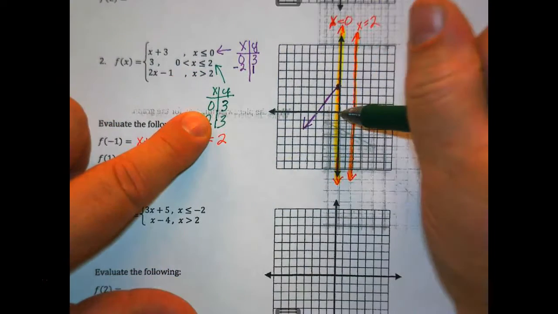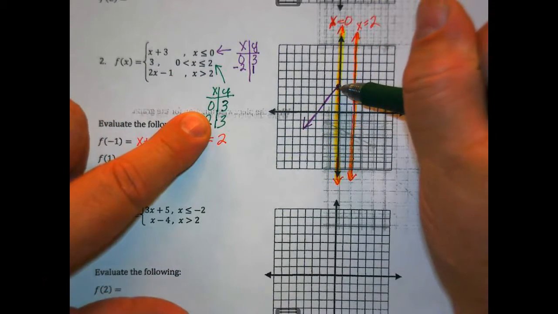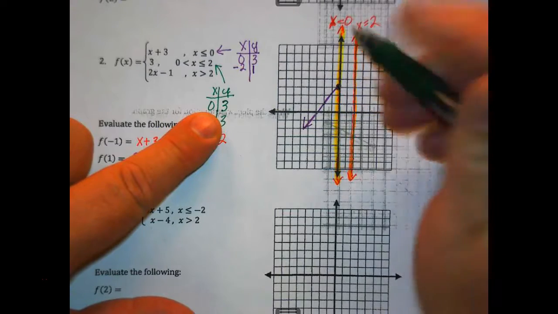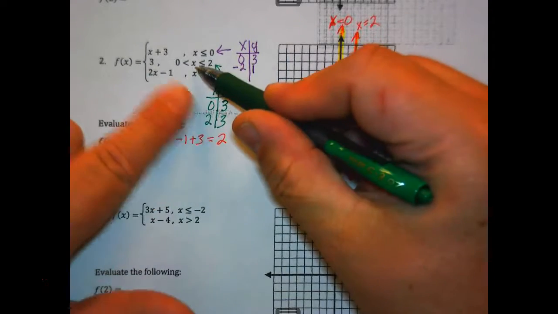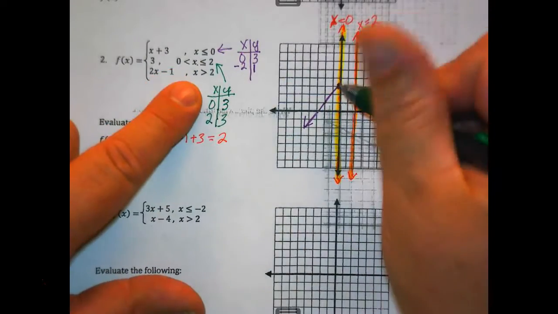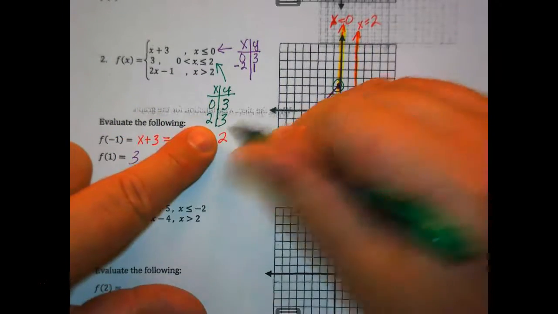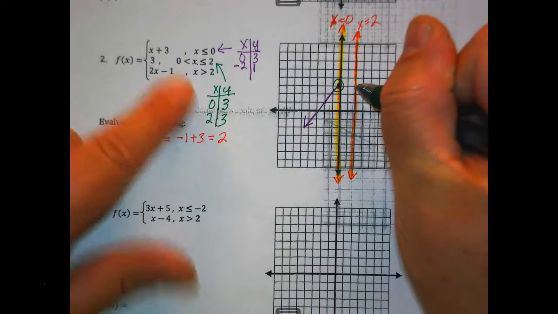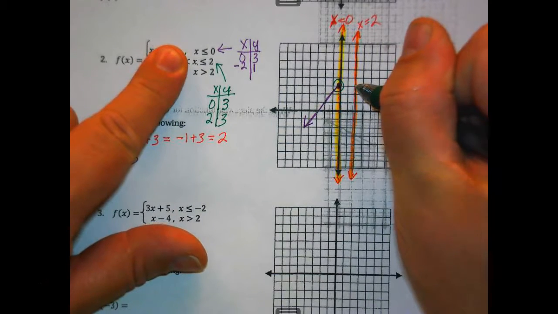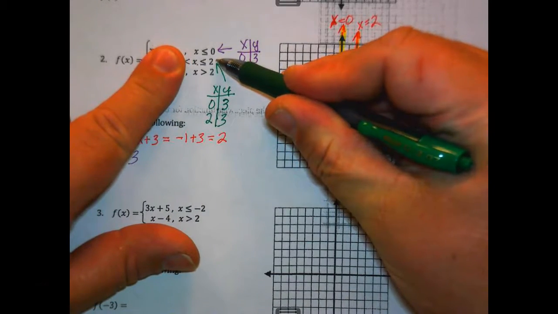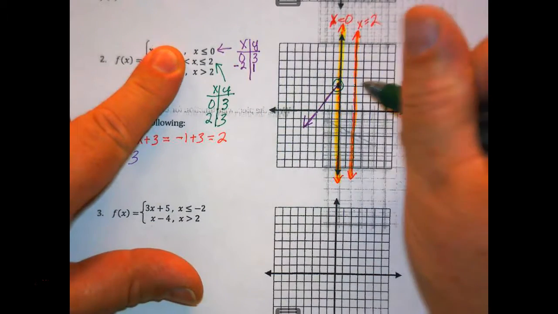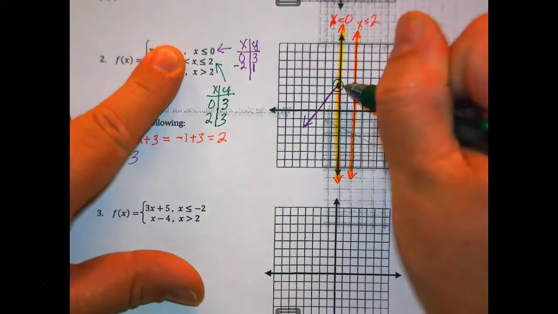Okay, 0, 3 is on the boundary line. Do I have an open or closed circle? 0, it's open. Okay, at 2, 3, do I have an open or closed circle? Closed. So here's my horizontal line.